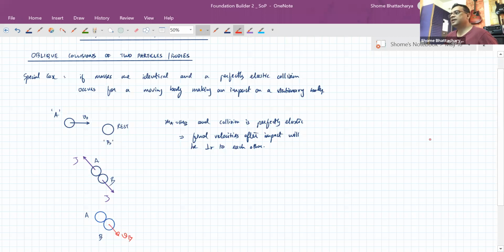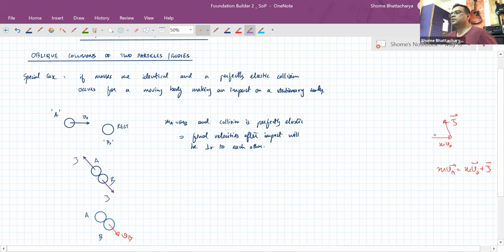But A had an initial momentum like this, which was mv0, and it experienced an impulse J. The final momentum after impact should be equal to the initial momentum before impact plus the impulse.